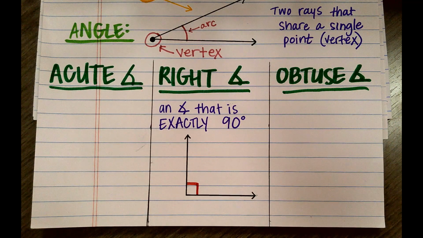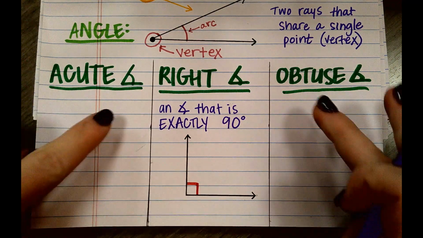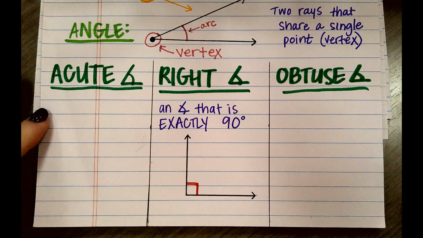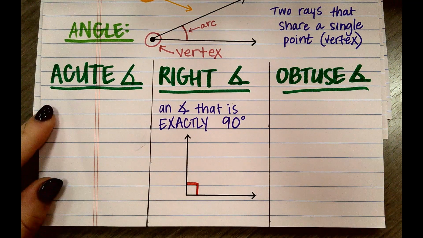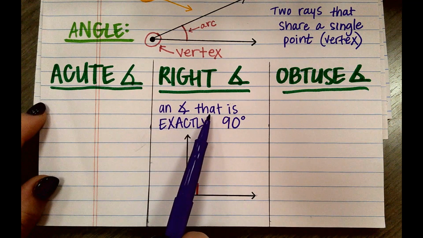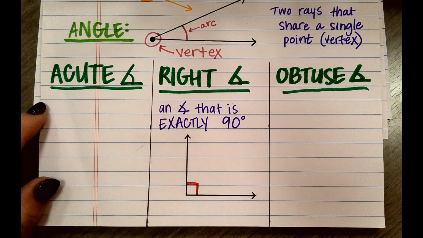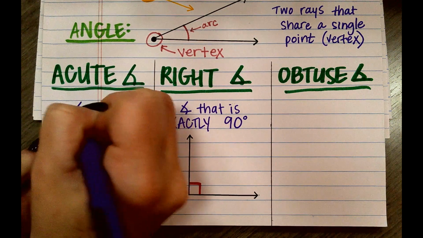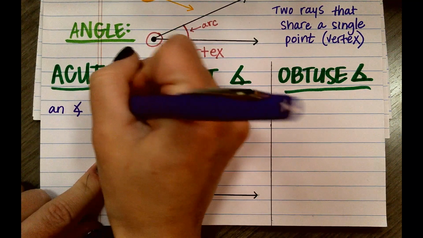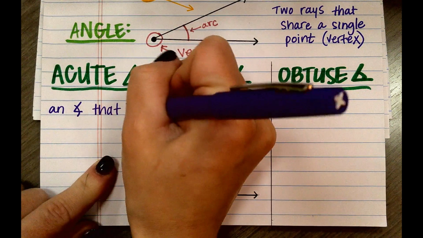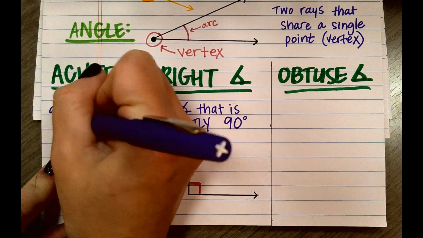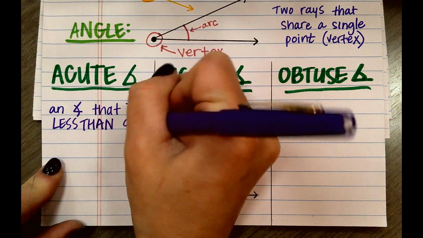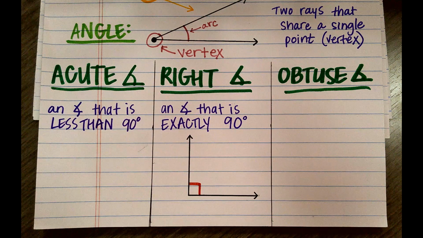So once you've got that, we can fill out definitions for the other ones. I'll start with acute. An acute angle is an angle that is less than 90 degrees.